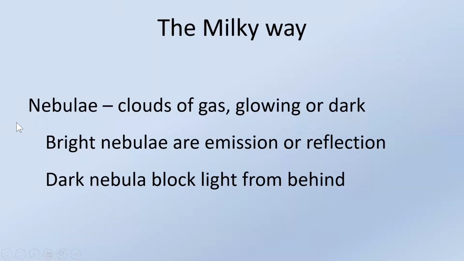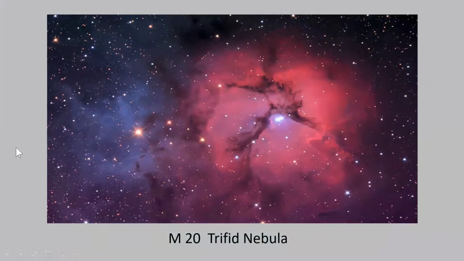Then we have nebula, which are glowing gas clouds in the Milky Way, and they can be either dark nebula or glowing nebula, depending on whether there's a bright star in the vicinity causing the gas to glow. This is called the Trifid Nebula, which is in Sagittarius.